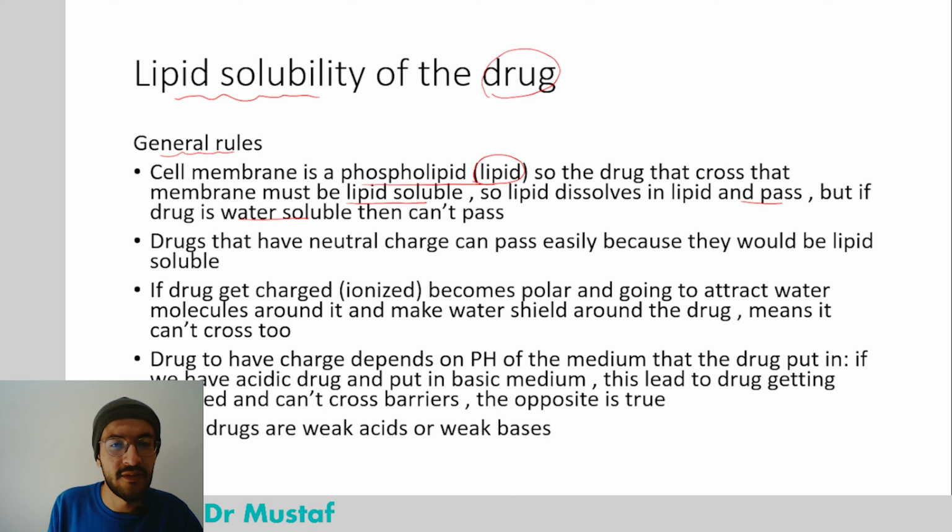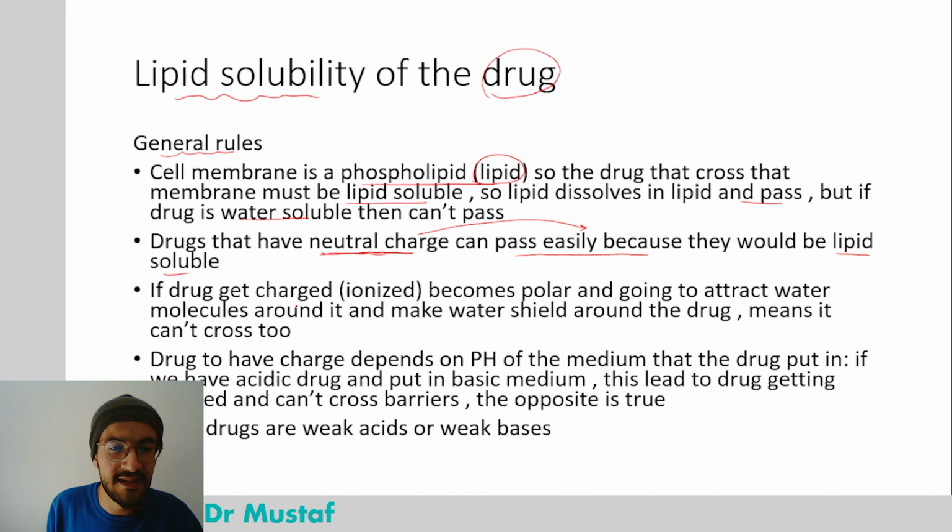And also, one factor is that the drug is either lipid soluble or water soluble. The other factor is that the drug is either neutral or charged. If the drug is neutral, it can pass easily through the lipid membrane because it is lipid soluble.